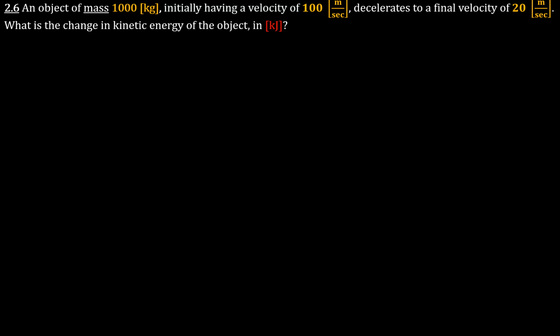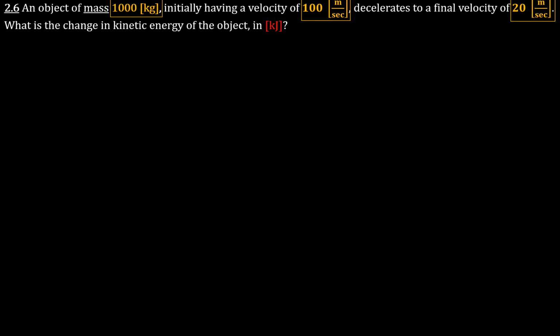When an object decelerates, that energy can be transferred to friction, drag, and other forms of energy. In this case, we can safely assume that the final answer should be negative, because you have a decrease in kinetic energy.